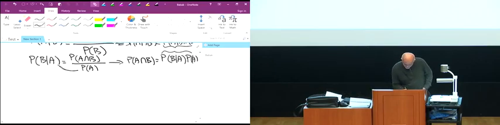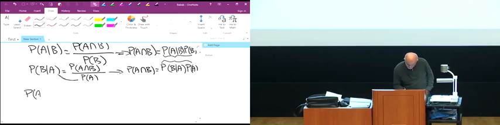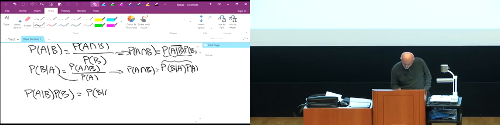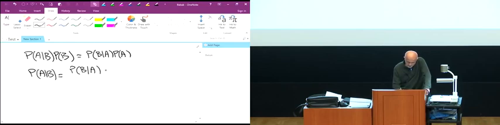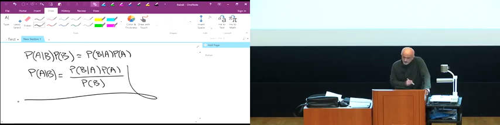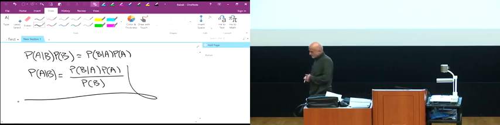Well, if I make them equal, then it means that probability of A given B times the probability of B is equal to the probability of B given A times the probability of A. And now I have a relationship that is astoundingly beautiful, very controversial, and not following which has caused tremendous disaster in all realms of life.